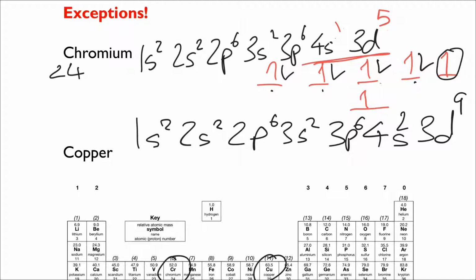It's more stable to have that 4s electron unpaired and all the 3d electrons paired. So the correct electron configuration for copper is 4s1, 3d10. It's more stable to have that subshell filled and that one unpaired. So that's copper and chromium. Those exceptions you would expect to repeat down, for all of the elements in the same group as chromium and copper.